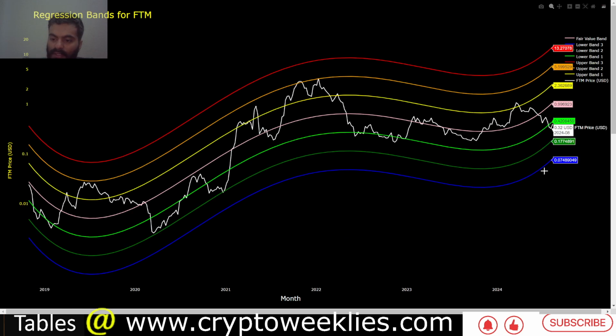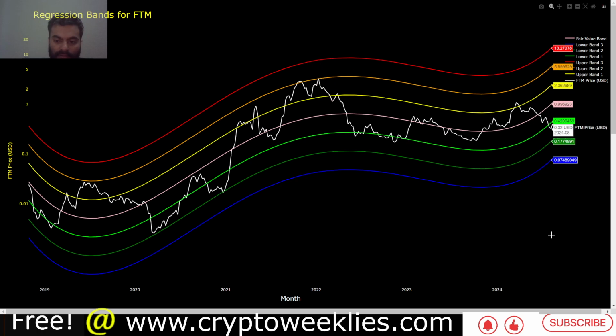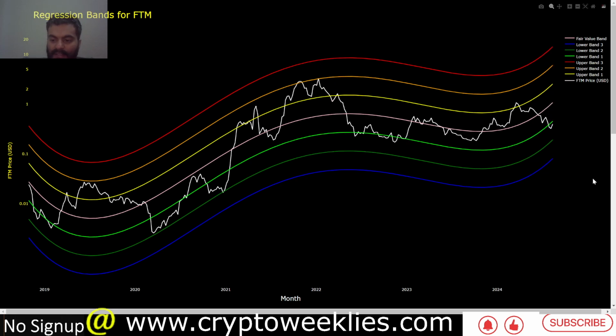And you can see that the last time Fantom tried to rally beyond the 1 standard deviation ceiling, it had a hard time during March of 2024. Back then the 1 standard deviation ceiling was at around 86 cents. Price went till around $1.07, and then cratered back to its mean reversion fair value at that point at around 60 cents, and then back to the 1 standard deviation floor.